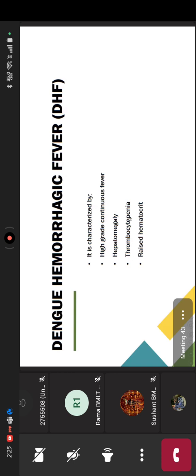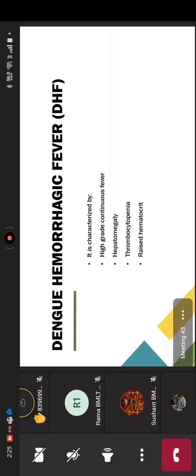Then thrombocytopenia, it can also start affecting the platelet count of the patient, and the raised hematocrit. The hematocrit value will be raised if you go through the CBC report of the patient who is suffering from dengue, right students? So dengue hemorrhagic fever is characterized by high grade continuous fever.